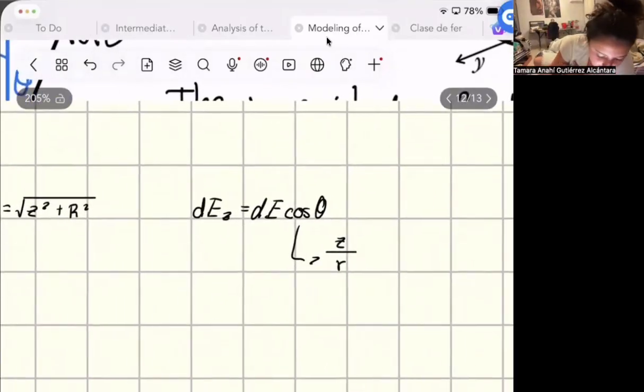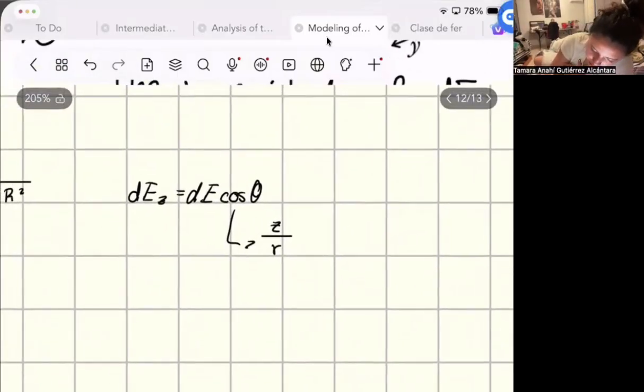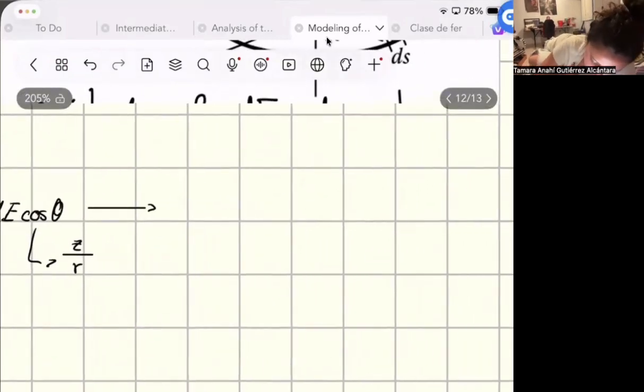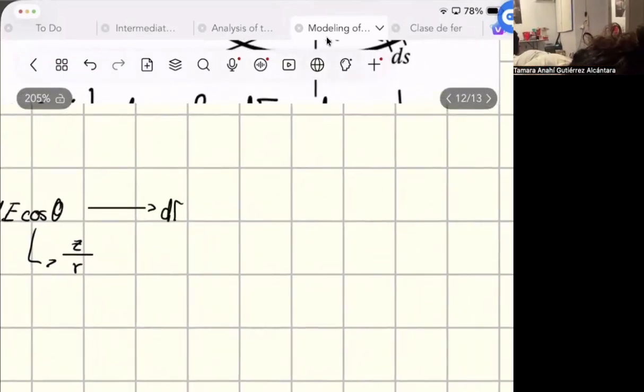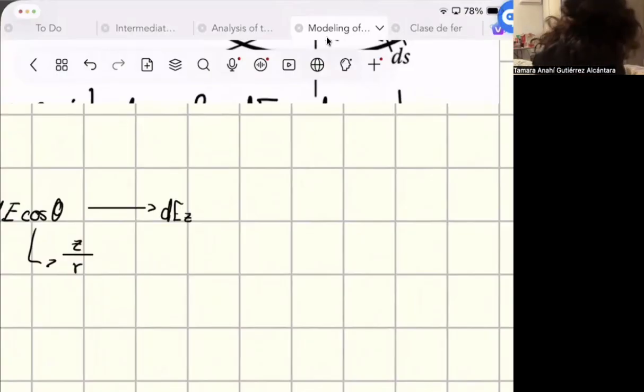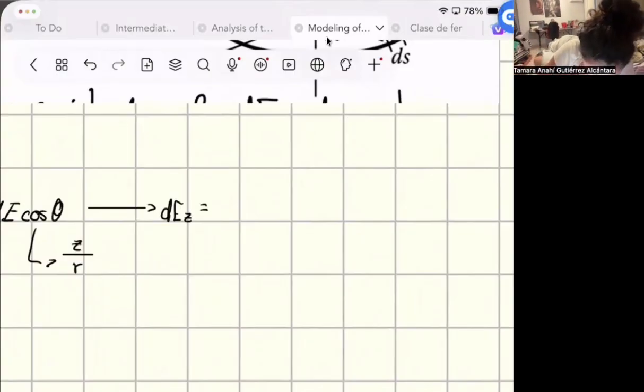Now we substitute it, which gives us Ez equals k dq over r squared times z over r.